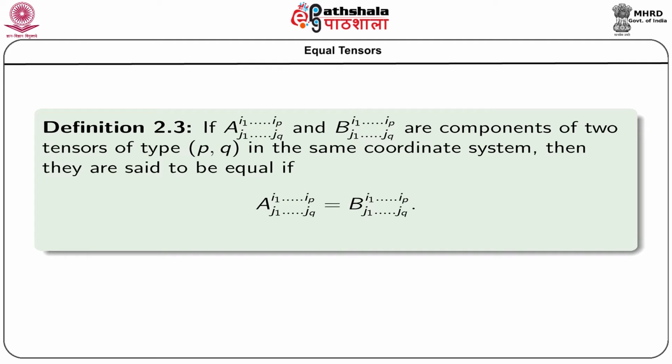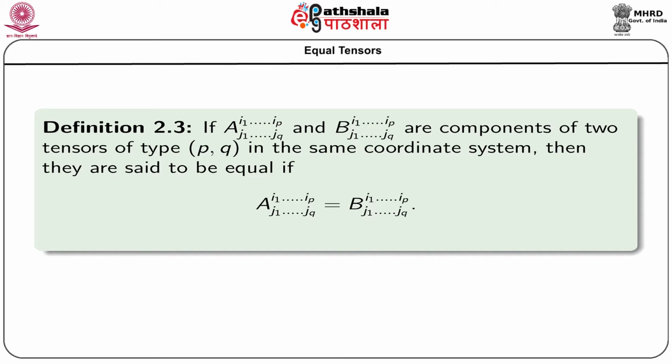Now, equal tensors. If A^{i1 i2 ... ip}_{j1 j2 ... jq} and B^{i1 i2 ... ip}_{j1 j2 ... jq} are components of two tensors of type (p,q) in the same coordinate system, then they are said to be equal if they are component wise equal.